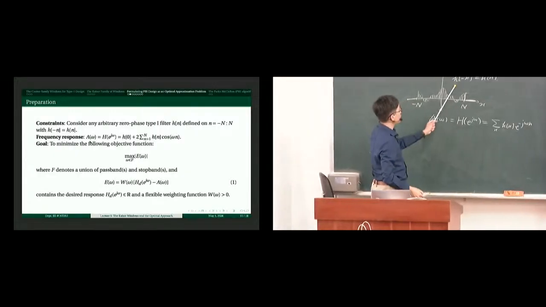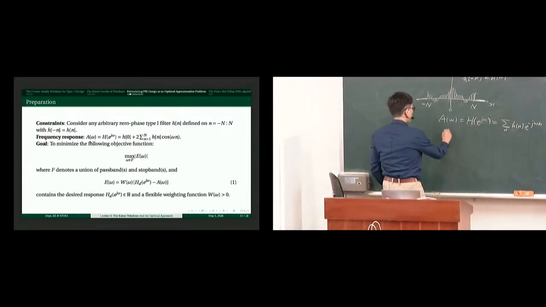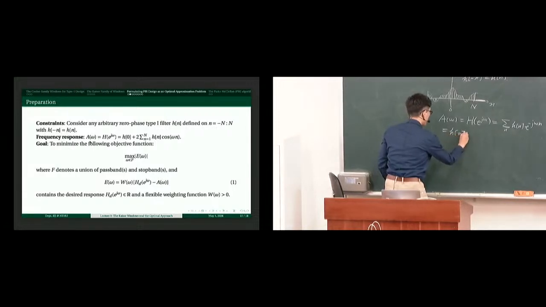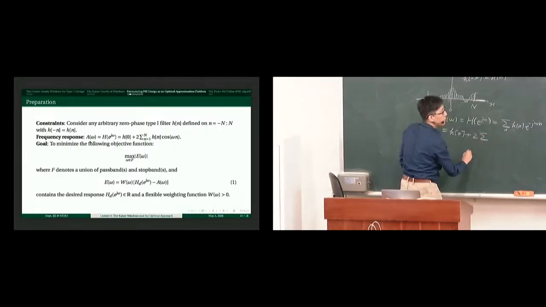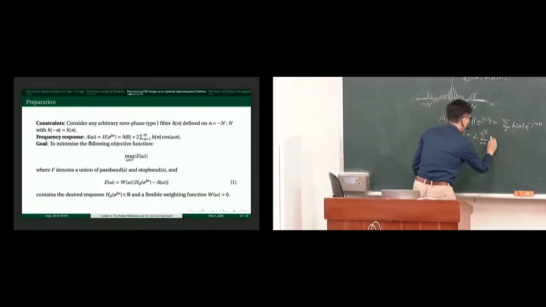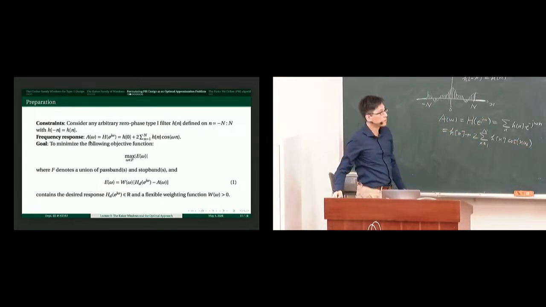But if you plug in these constraints, very soon you realize that it can be expressed as a constant term plus 2 times the sum of cosines, n equals 1 to N, h[n] cosine of n omega. That's the result of your frequency response. Because of symmetry, it can be expressed in terms of a sum of cosine terms.